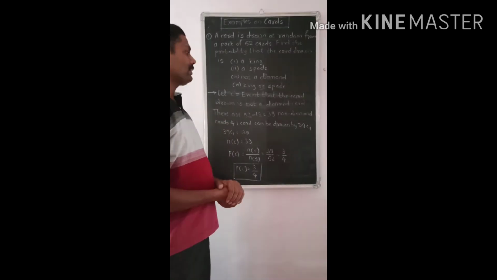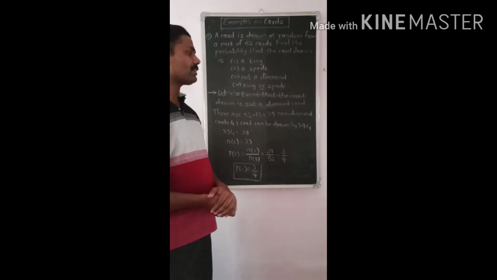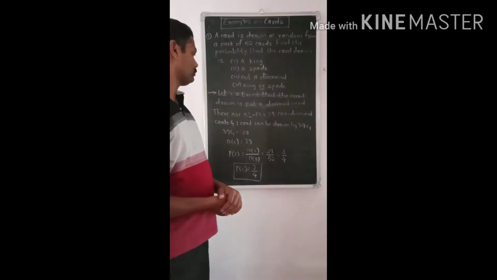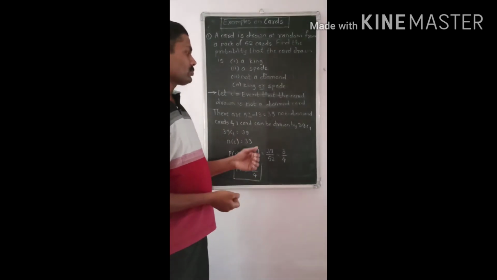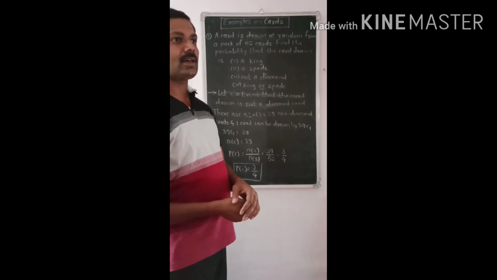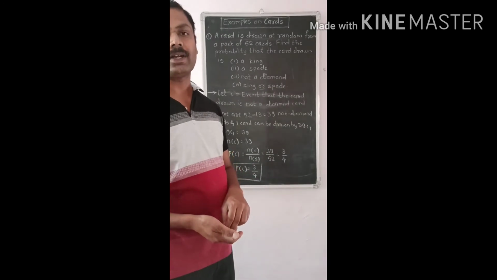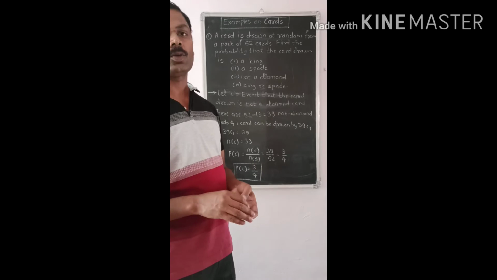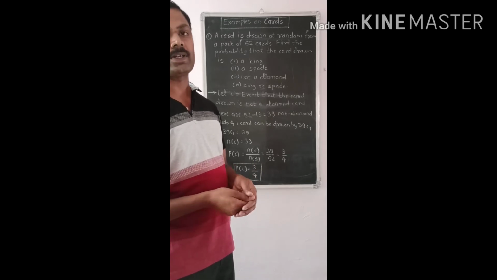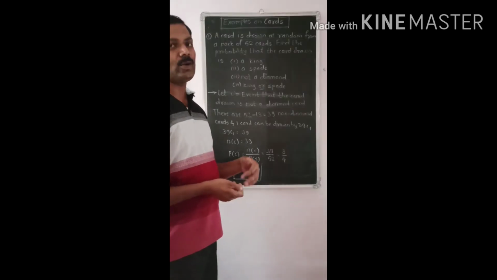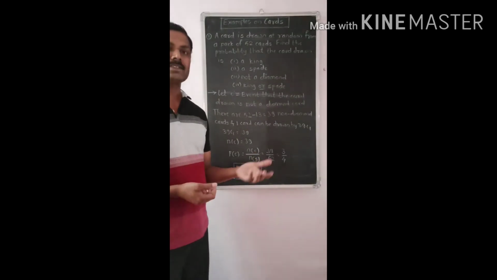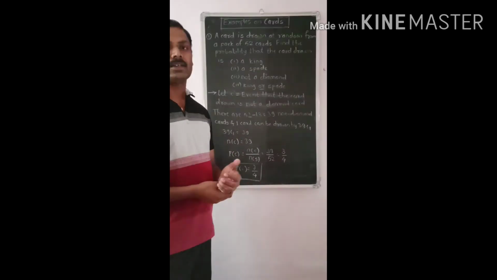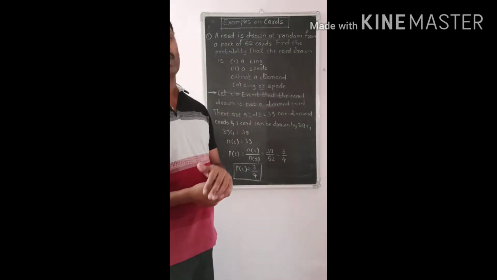Let C be the event that the card drawn is not a diamond card. So not a diamond card means the card should be a non-diamond card. So we have to first find the total number of non-diamond cards. How to find it? We have a total of 52 cards and we can subtract the diamond cards from the 52 cards.